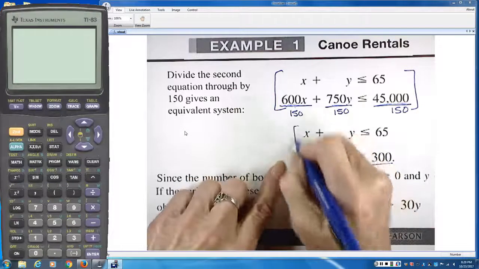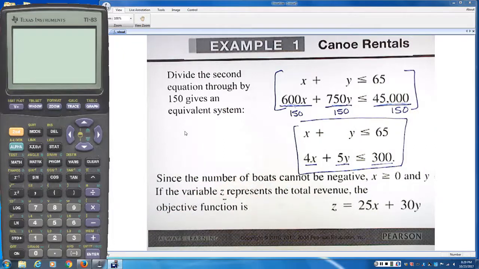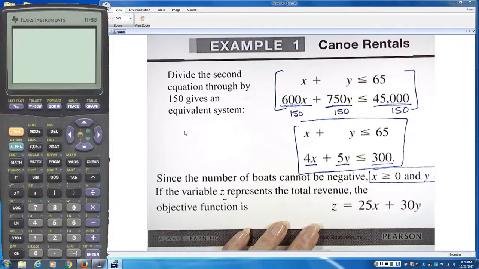And I think I can probably get those on the same set of axes. It might work out a little bit easier. And then there's the additional constraints that you can't have negative kayaks or canoes. The least you can have of either one is going to be 0. So that's going to put us in the first quadrant.